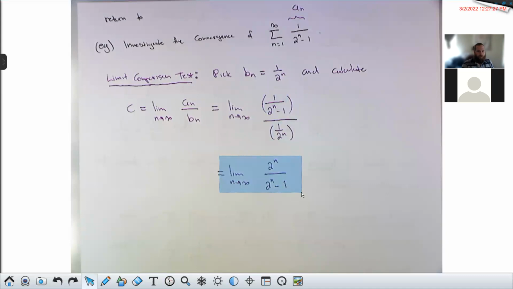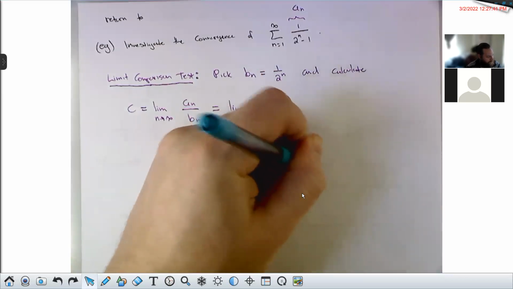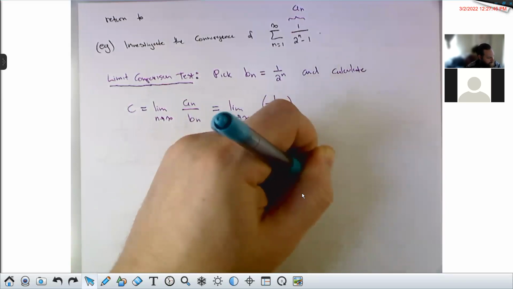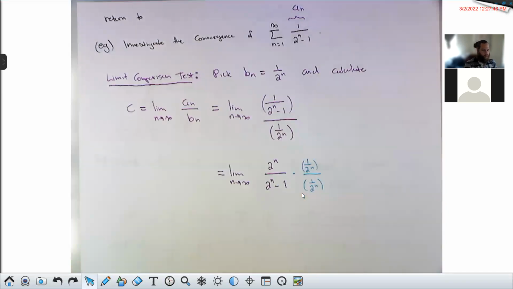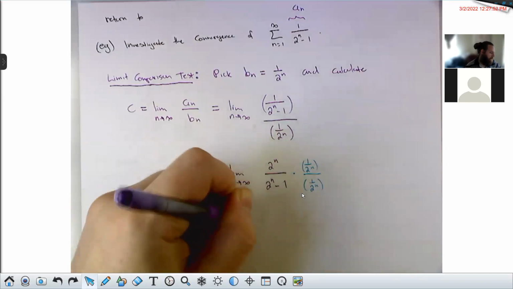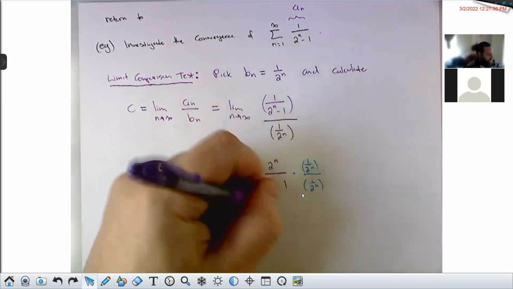We need to take the limit here as n goes to infinity. If you plug in infinity, the top is infinity, the bottom is infinity minus 1. That's also infinity. You can use L'Hopital's rule if you want, or you can divide top and bottom by 2 to the n. Renormalization trick from 11.1. 2 to the n times 1 over 2 to the n upstairs is 1.